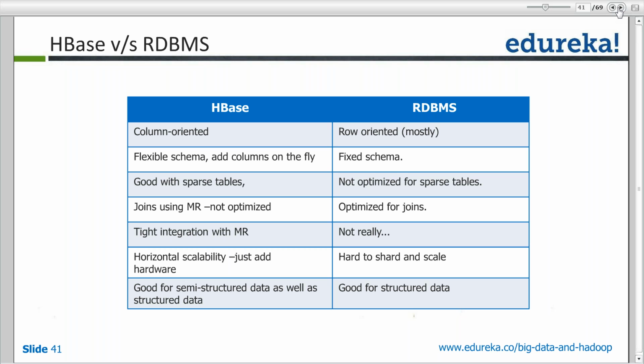RDBMS are not optimized for sparse tables. HBase can use MapReduce, right? HBase joins are not optimized, while RDBMS is optimized for joins. HBase has tight integration with MapReduce, and in RDBMS it's not applicable at all. RDBMS does not have MapReduce.